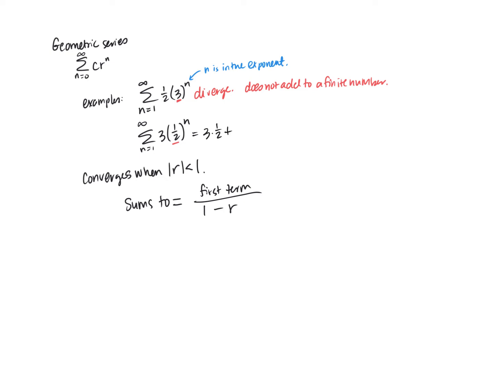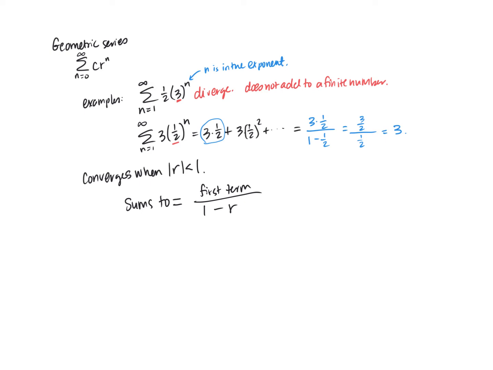And if n is 2, it's going to be 3 times 1/2 squared, and so on. So the sum of this is going to be the first term, 3 times 1/2, over 1 minus the ratio, which is 1/2. So that's going to be 3/2 divided by 1/2, which is just going to be 3. So if I sum that up, you're going to get the number 3.